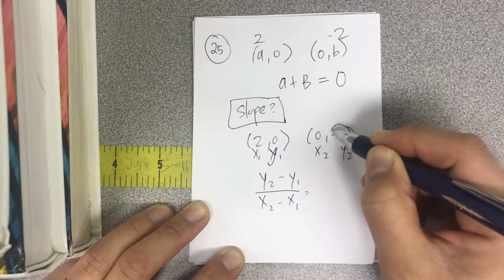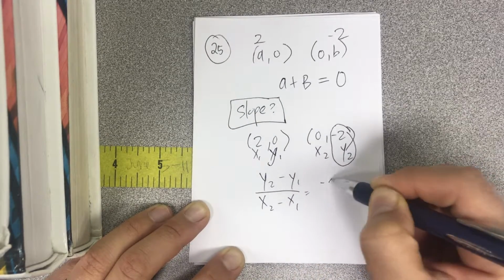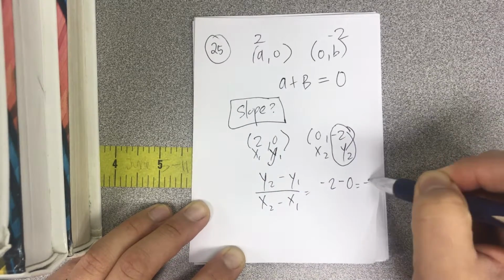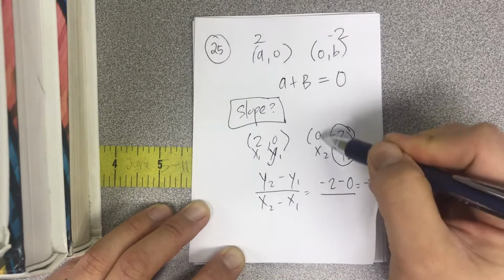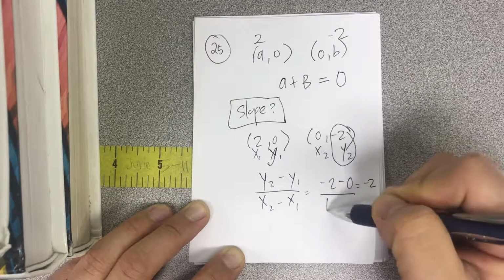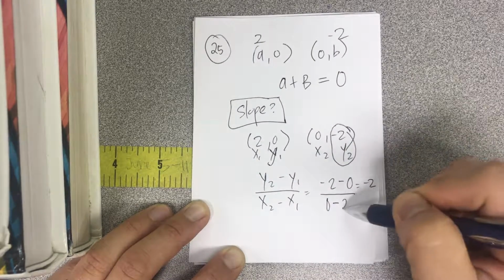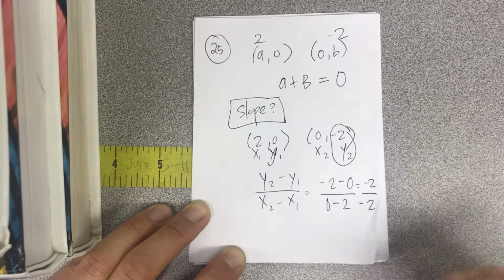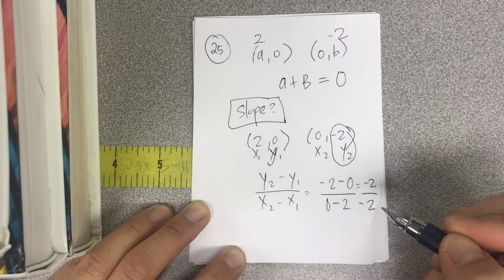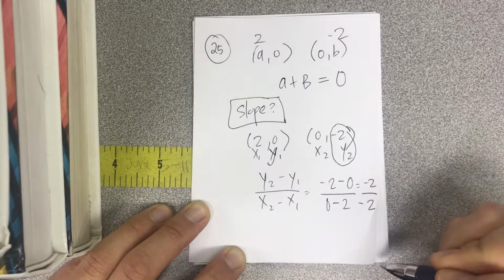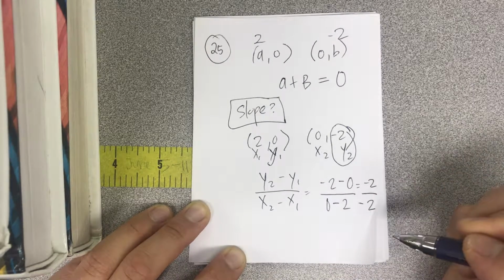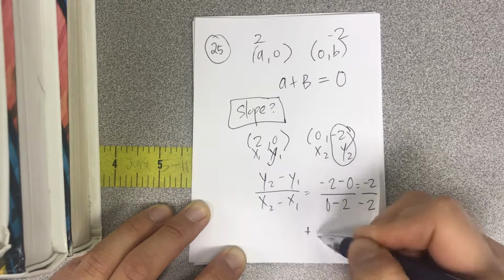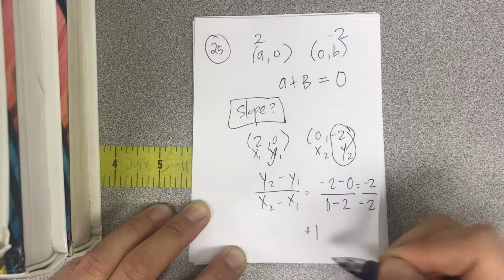If you plug these numbers in, y2 is negative 2, minus 0, so that's just negative 2, over x2, which is 0, minus 2. So we know that this is going to be negative 2 as well. A negative and a negative cross each other out, so this is just going to be positive 1.